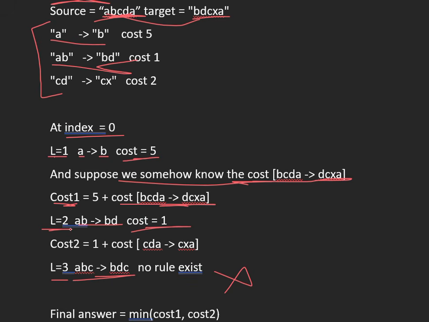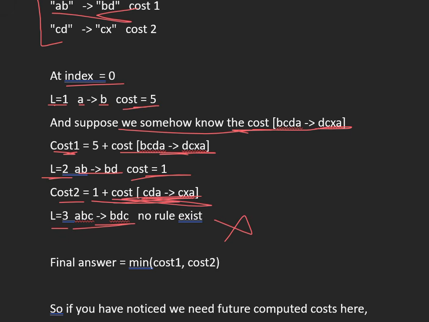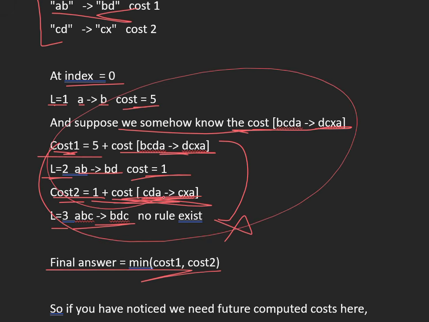In case 2, when length is equal to 2, if we know the cost of cda to cxa, then our total cost will be 1 plus this cost, right? So what will be our final answer? The minimum cost that we get from these operations, cost 1, cost 2, and further costs if there are any. The overall minimum that we get will be our final answer for index I, right?